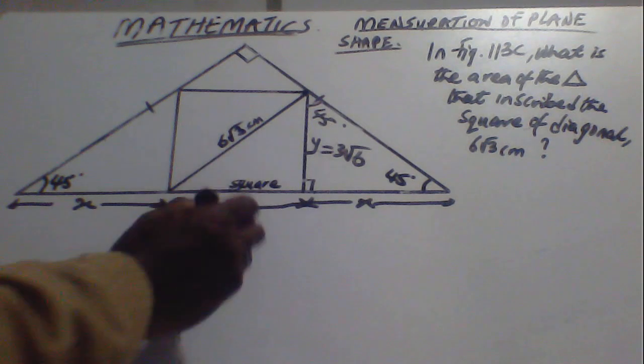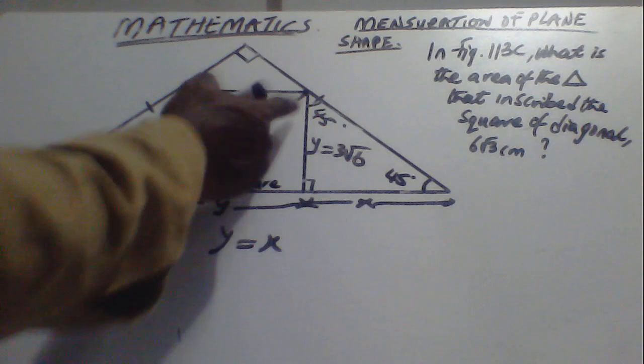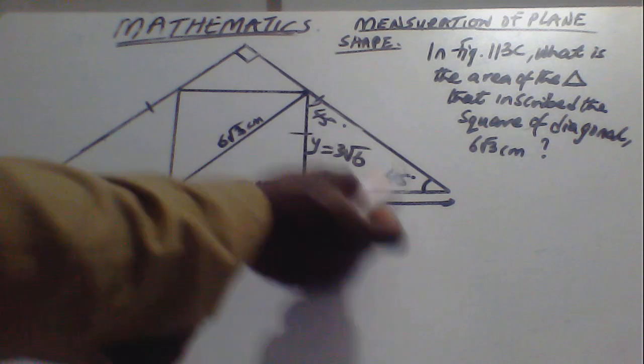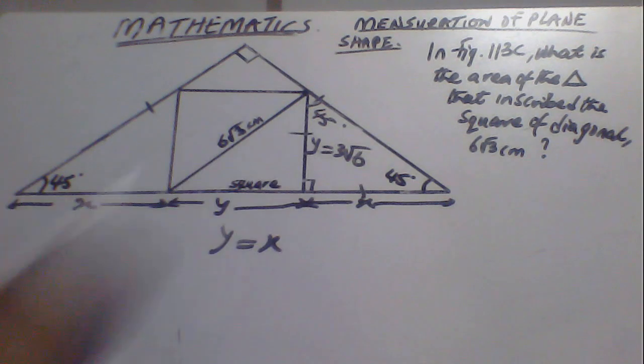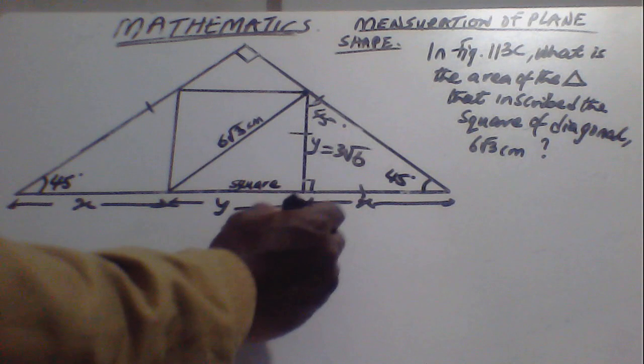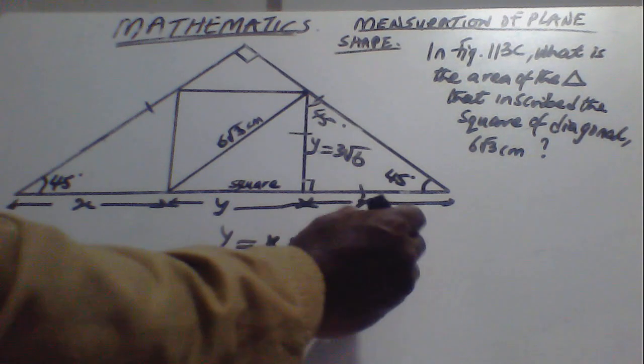I mean that y is equal to x, because here is equal to here. You can as well say that it's an isosceles triangle, as long as here is 90 degrees, here is 45, here is 45. The opposite sides are equal. That means it is also an isosceles triangle, but in this case we can call it a 45 right angle triangle. So y is equal to x, and that gives us what? 3 root 6 cm.